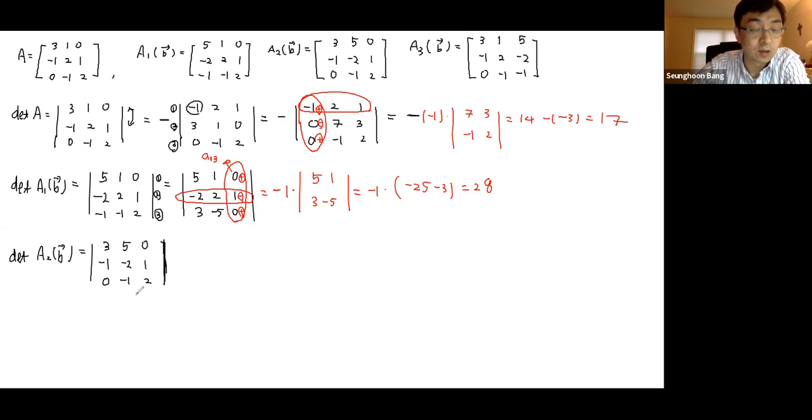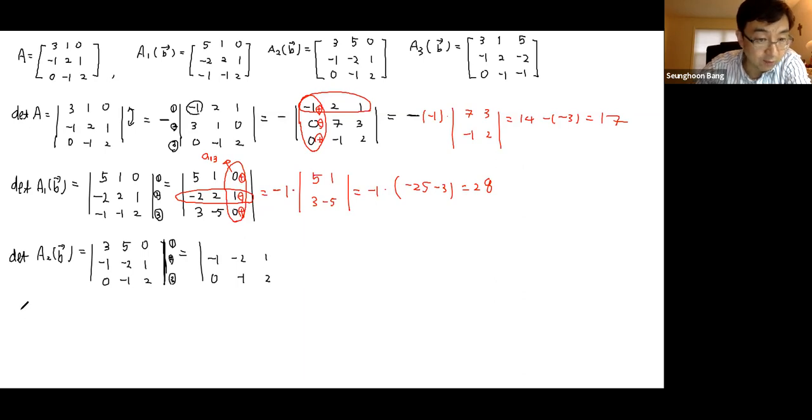This determinant, so like this. How can you do that? It's the same too. You can choose your first column. You can keep minus 1 and 0, eliminate 3. I can do that. This is keep minus 1, negative 2, 1, 0, minus 1, 2. So this is like a first row, second row, and third row. How can you do that?